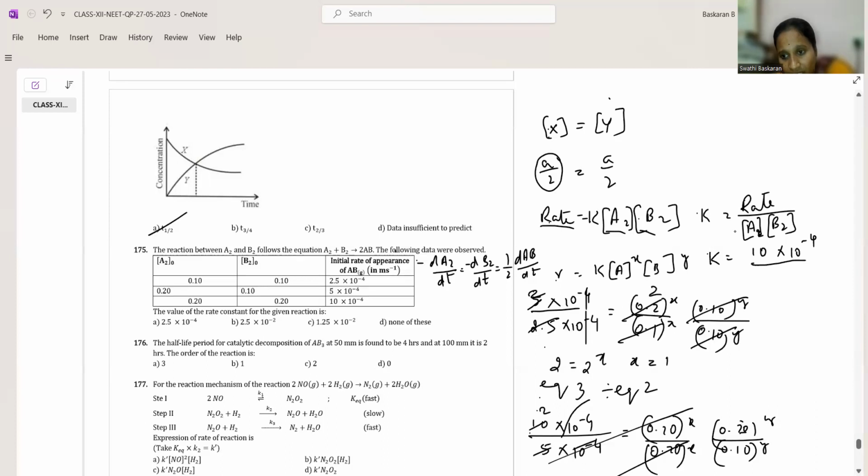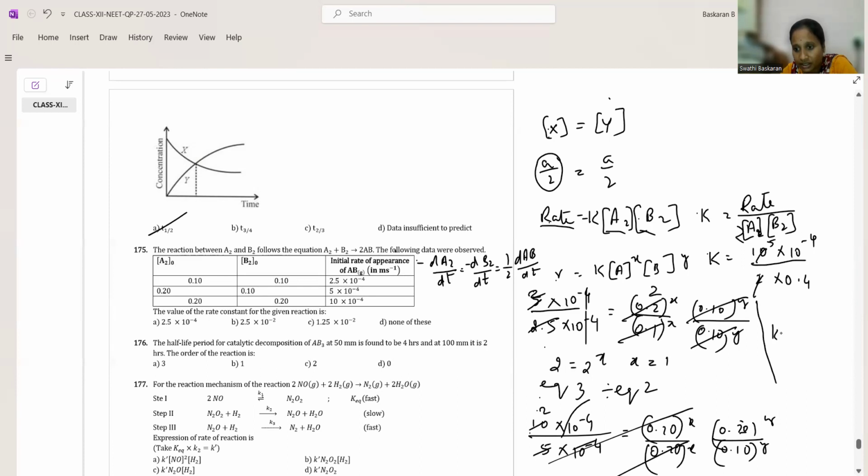But based on this rate equation, you have to write 2 into A2 and B2. So here it will become, students, 2 into 0.4. Now, if you simplify this, this will become 5.